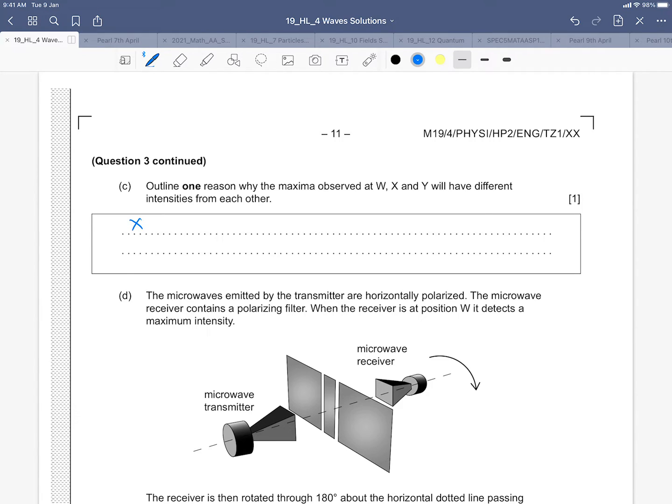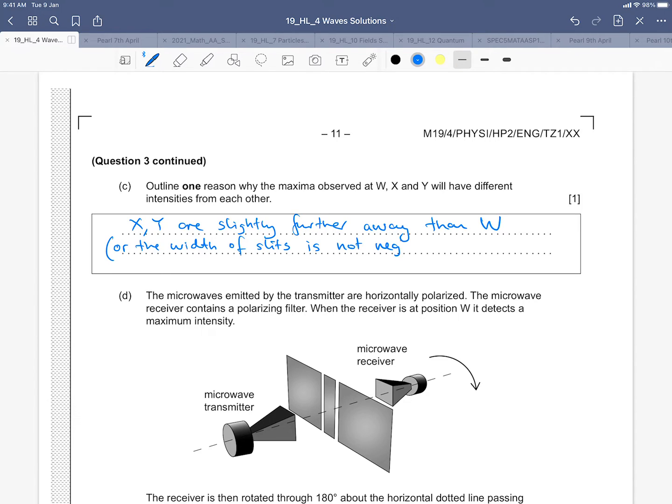So yeah, you can mention a couple of different reasons. I'm just going to say that X, Y are slightly further away compared to W, but we can also say the width of the slits is not negligible.